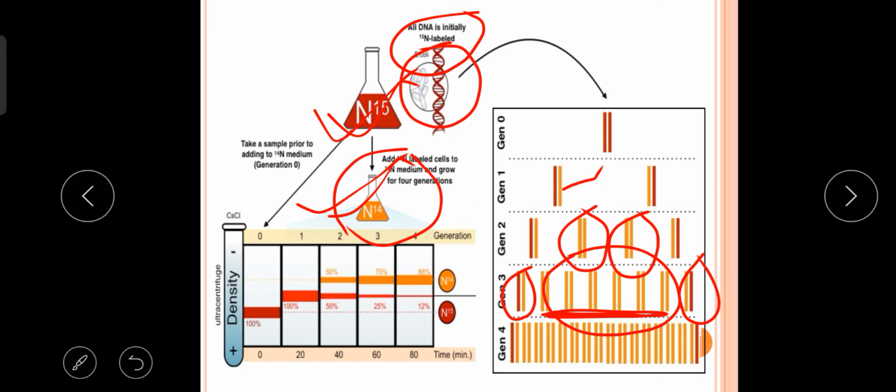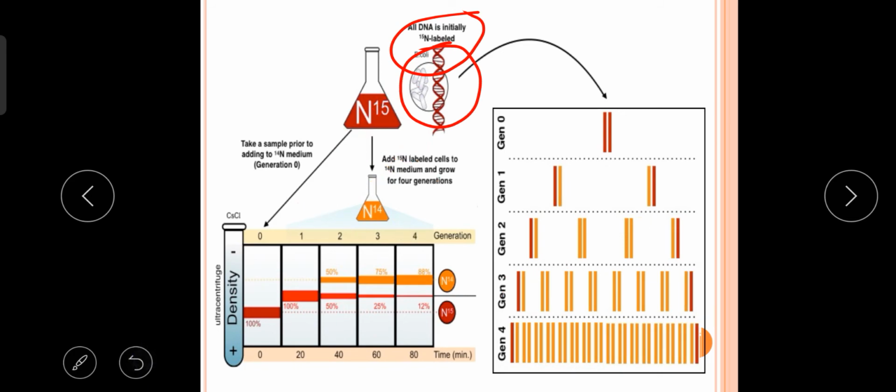Light DNA means what? The DNA with light radioisotope. Hybrid means what? Where one strand is 15N, one strand is 14N. That is called hybrid. But gradually you can see in each and every generation, the number of light DNA molecules increases. Okay, so this is the experiment performed by Meselson and Stahl.